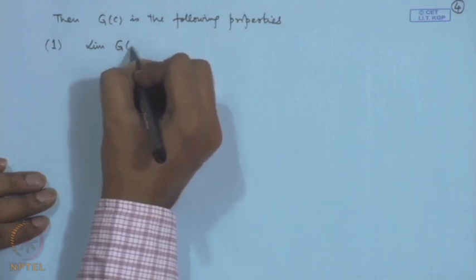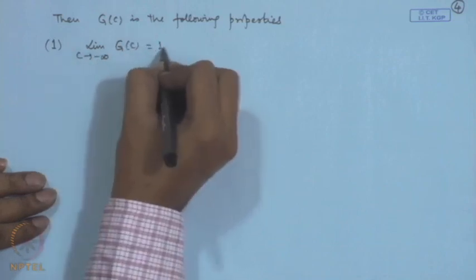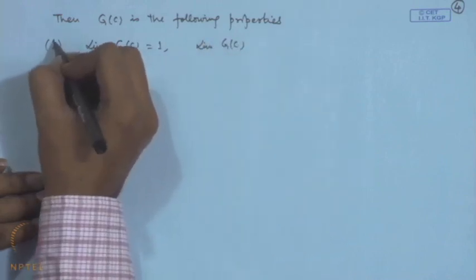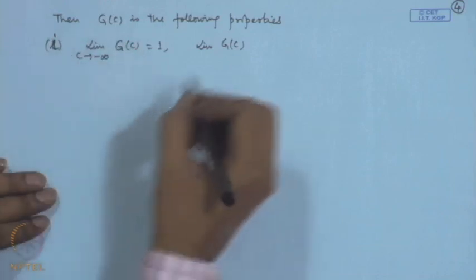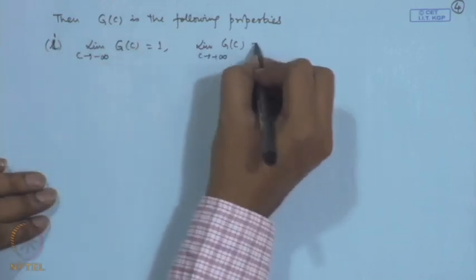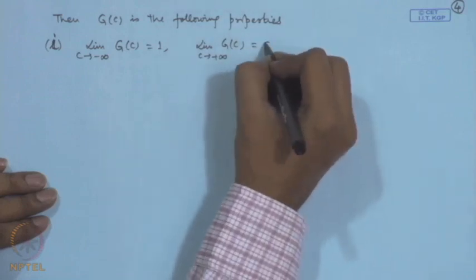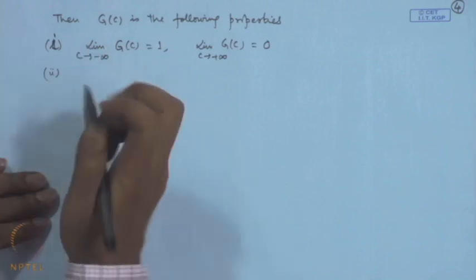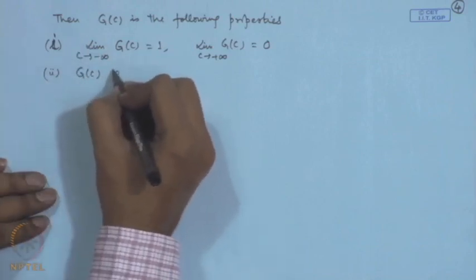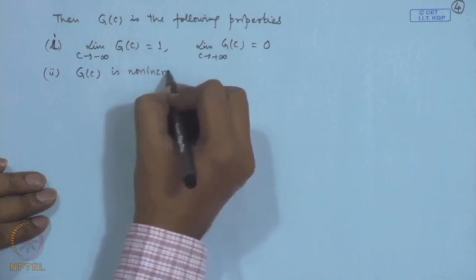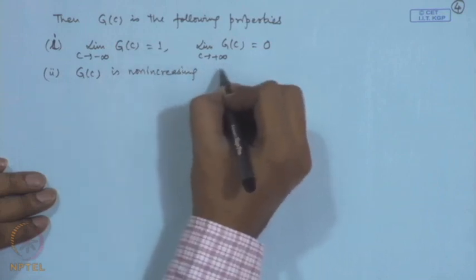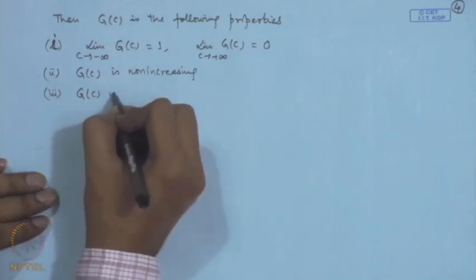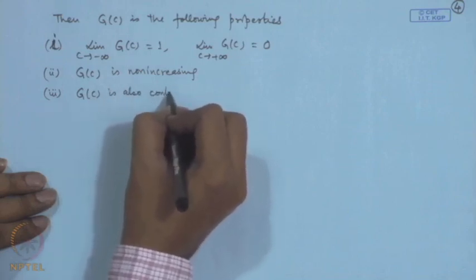So, limit of G c as c tends to minus infinity, that will become 1. Similarly, as c tends to plus infinity, limit of 1 minus G c is 1. So, this will become 0. Then 1 minus G c is a non decreasing function. So, G c will be non increasing, and 1 minus G c is continuous on right. So, G c is also continuous on right.